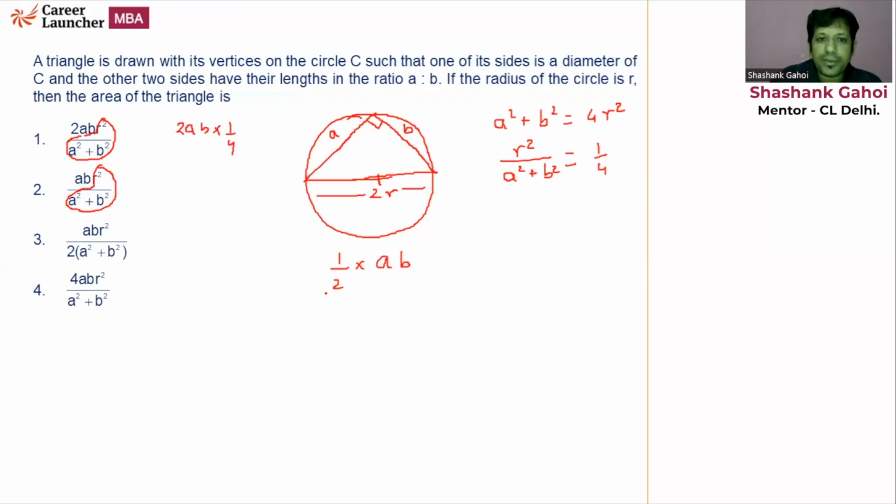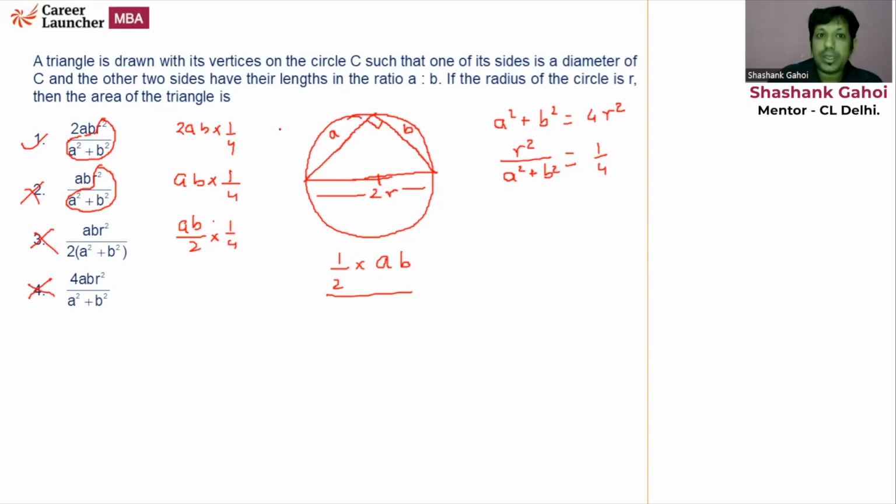Is it equal to half ab? Yes. So that's my answer. If you take the second option into 1 by 4, is your area 1 by 4 ab? No, rejected. This is a into b upon 2 into 1 by 4. Is it AB by 8? No. AB by 2? No. Rejected. Same with this, rejected. So my answer to this question is directly going to be option 1.